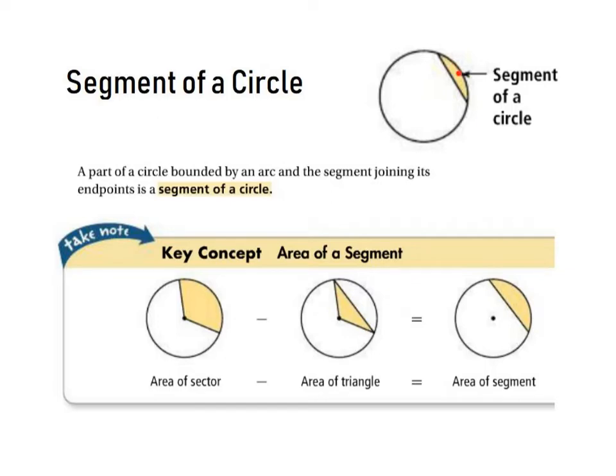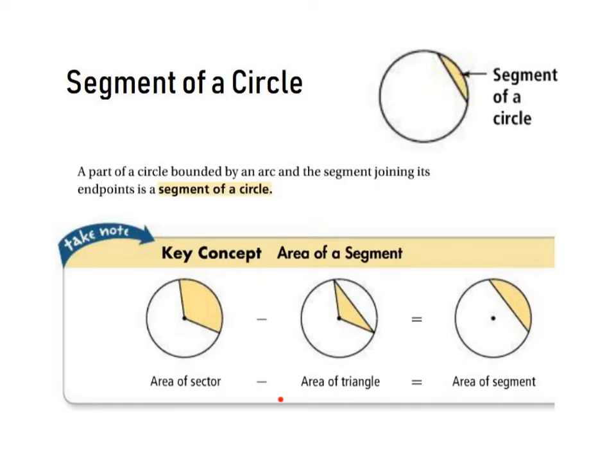Now to find that, we're going to be using the area of a sector. So I'm going to start off like I'm doing this sector, but then I draw this chord in here. Now what I'm wanting is this piece right here. If I find the sector, that's too big. What I have to do is subtract out the triangle piece that I don't want, and I'll be left with the segment that I do want.